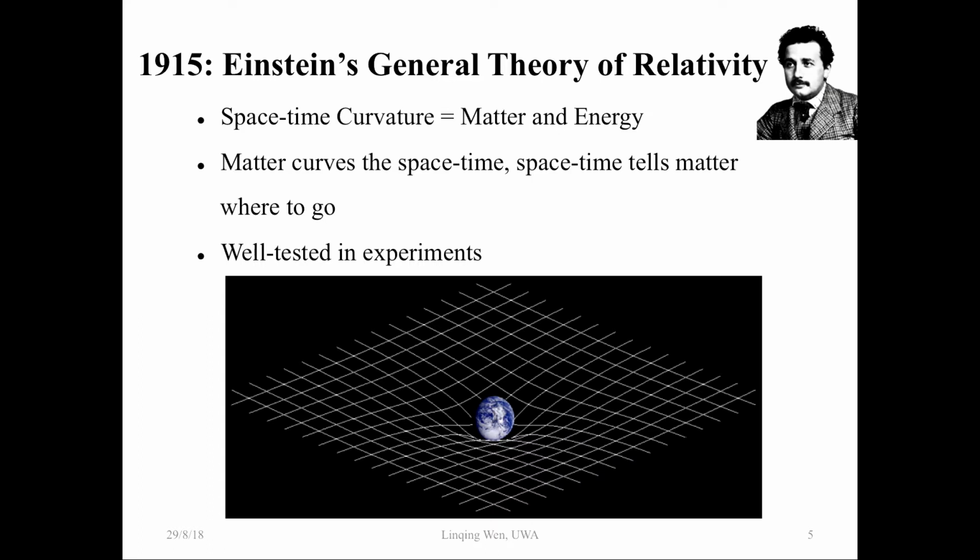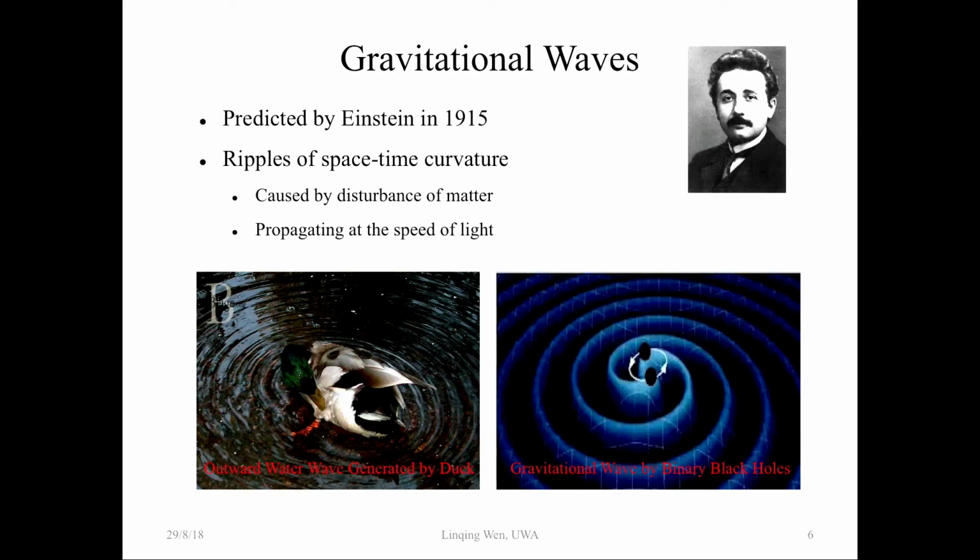The second part of the theory says that if space and time is curved, it will tell the matter how to move. For instance, near the Earth, for a faraway observer, light does not appear to travel in a straight line. The path appears curved. That's actually well tested in experiments.